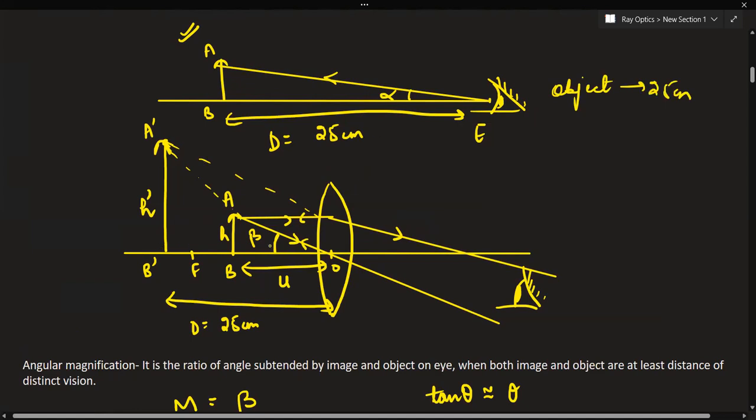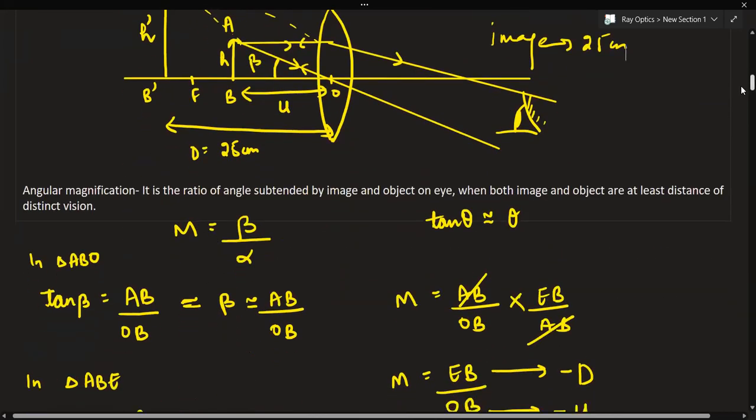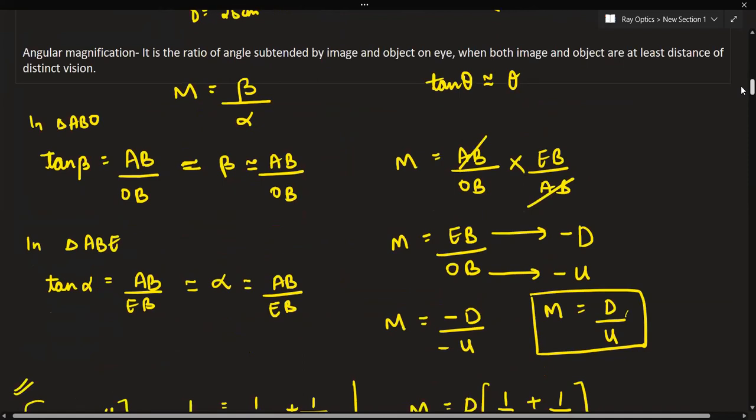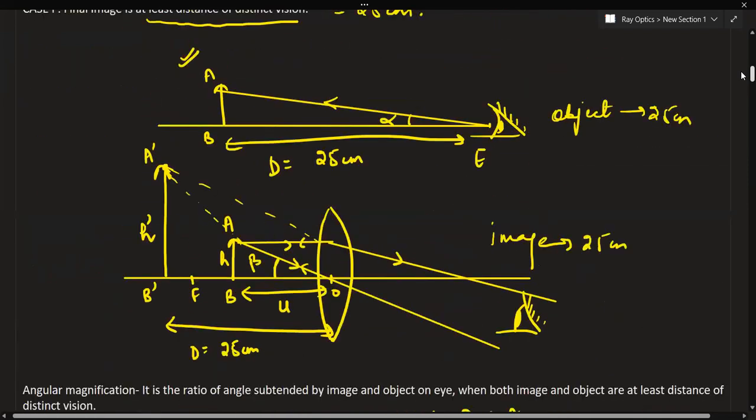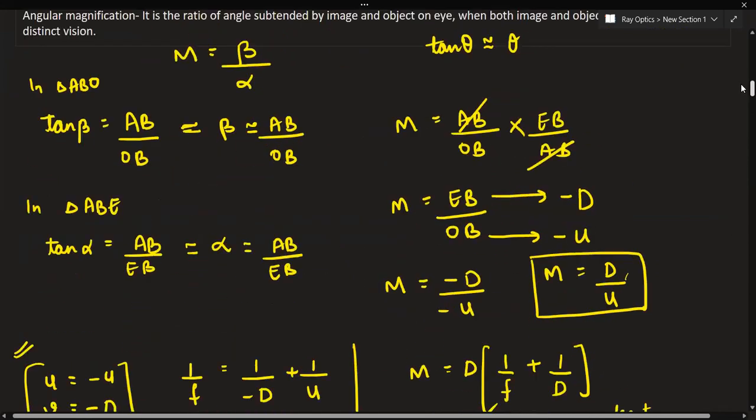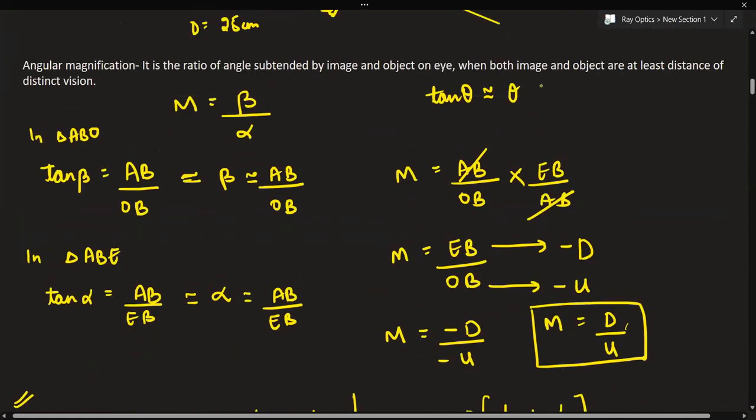In this case, the image we are able to see because of the lens is at 25 centimeters, so this image distance becomes 25 centimeters. We call this beta. So beta divided by alpha basically gives us the magnification. If you take tan of both of them, you have tan alpha and tan beta, and you know tan theta is almost equal to theta from the small angle approximation.